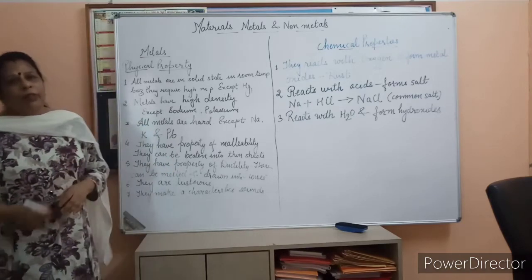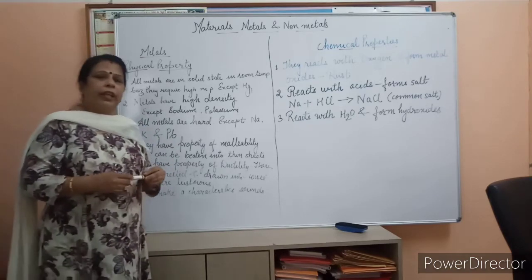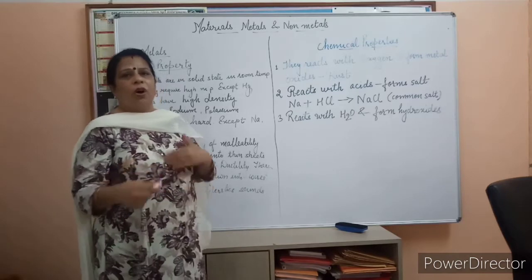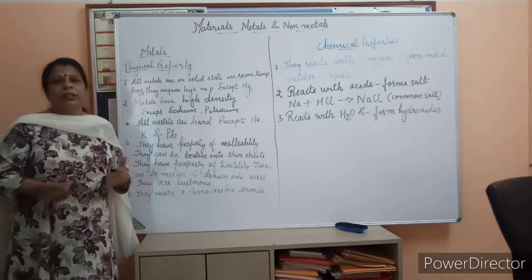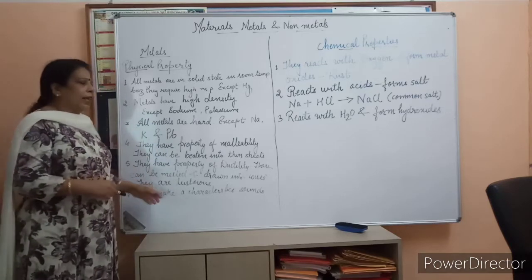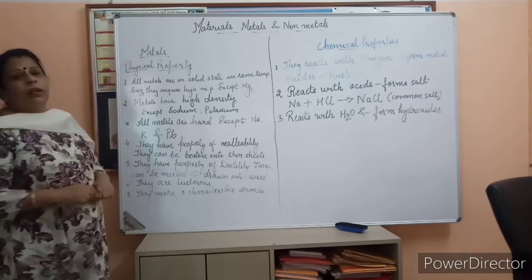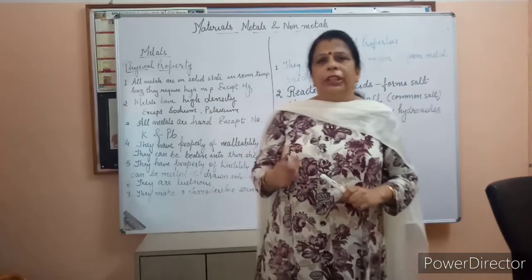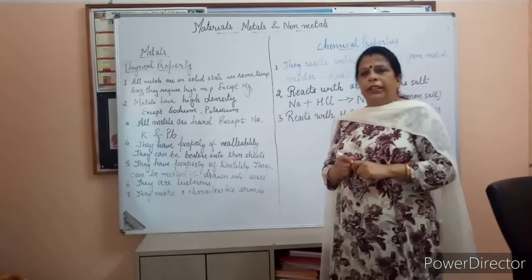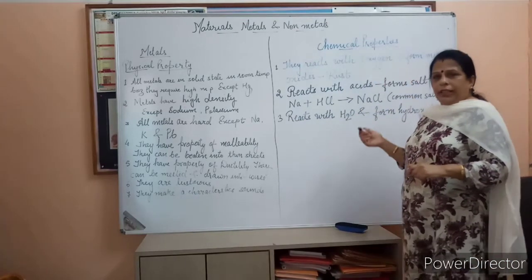Then they have the property of ductility, meaning they can be drawn into wires. Then they are lustrous, meaning they have a shiny appearance. And the last is the property of being sonorous, meaning when struck against something, they give a characteristic sound.